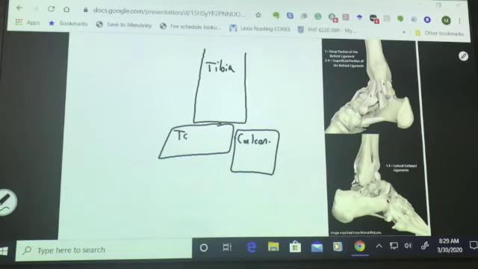Here's my talus. What we're gonna see here is that on the medial side, we're going to have one large ligament that has four distinct parts. This is going to be my deltoid ligament.